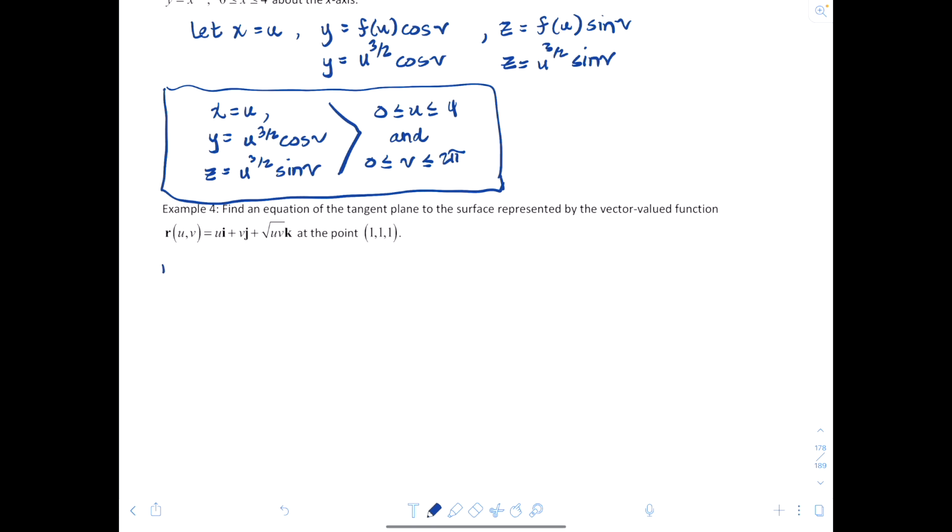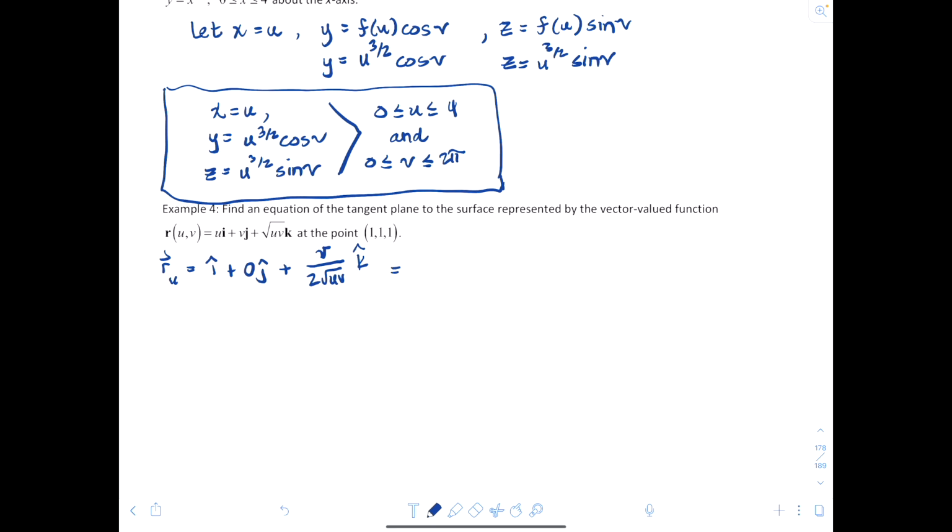So the first partial of r with respect to u is going to be what? i, 1 times i, right? Plus 0 times j, because there's no u's in j. And then plus v over 2 root u times v times k.